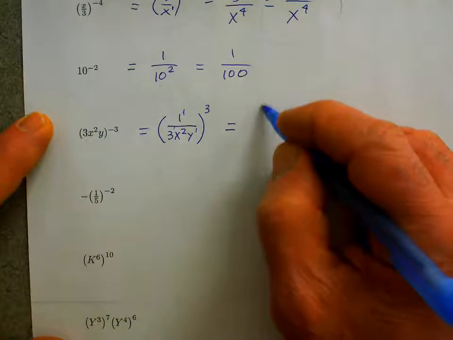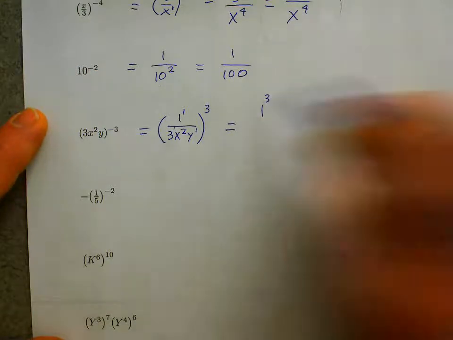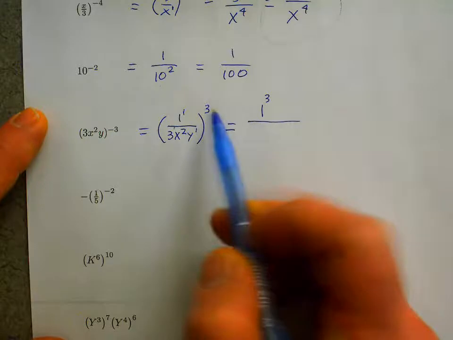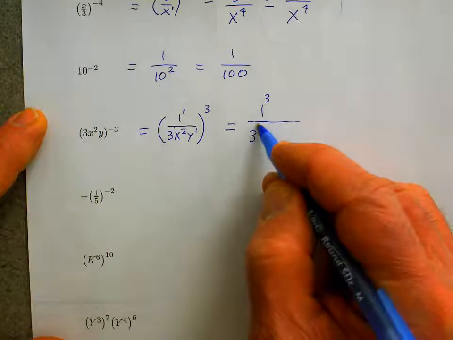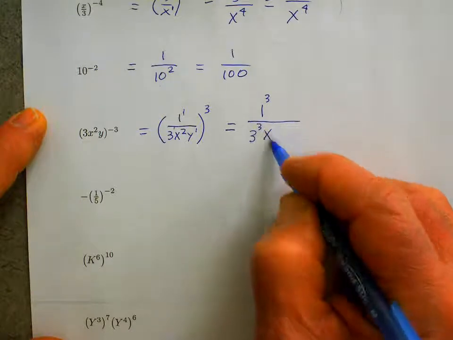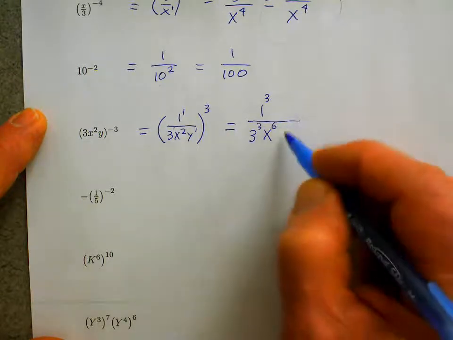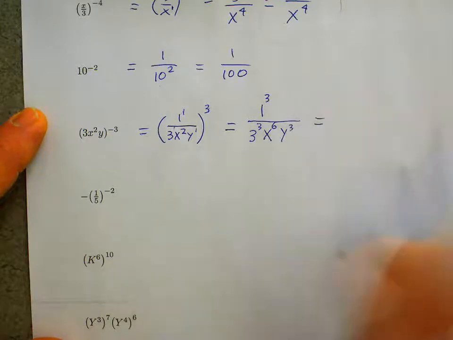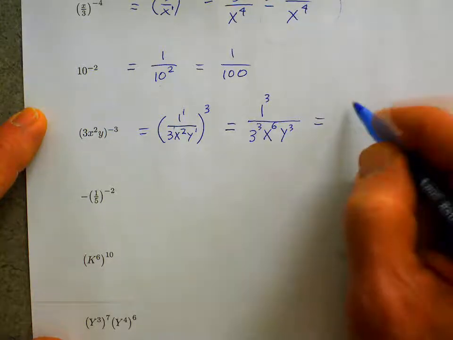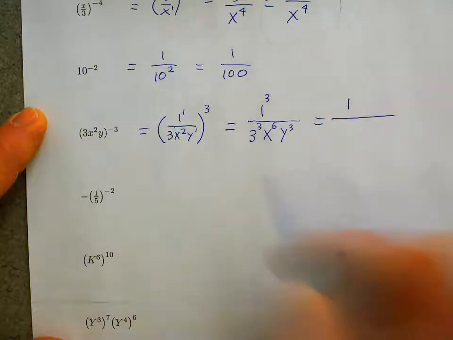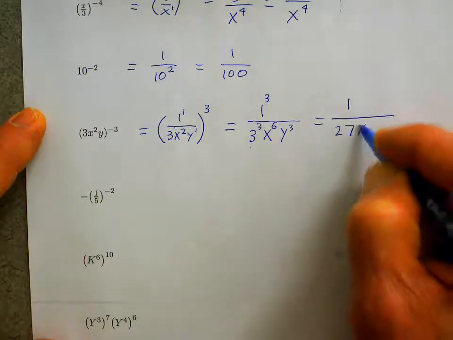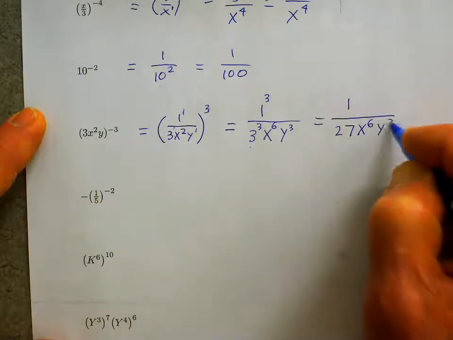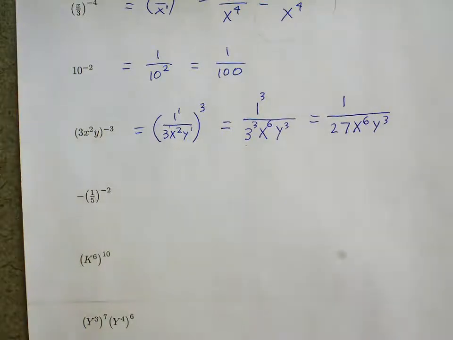So we get 1 to the third, because 3 times 1 is 3, and then divided by 3 to the third, x to the 3 times 2 is 6 times y to the third. 1 to the third is just 1 times 1 times 1, which is 1. 3 to the third is 3 times 3 times 3, or 27. And so our simplified answer, 1 divided by 27, x to the sixth, y to the third.